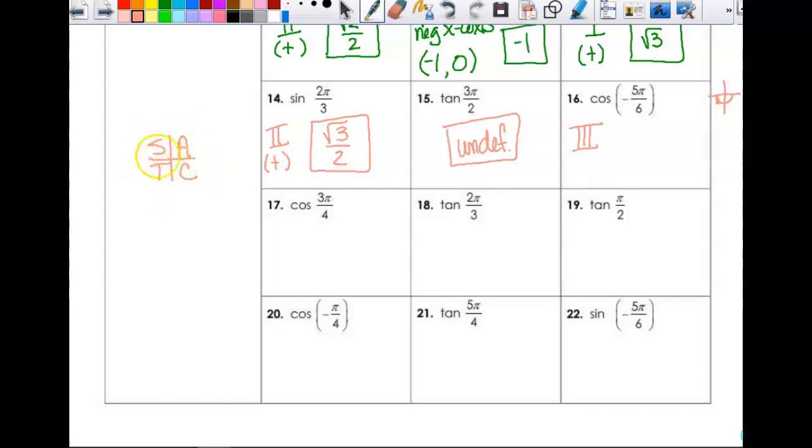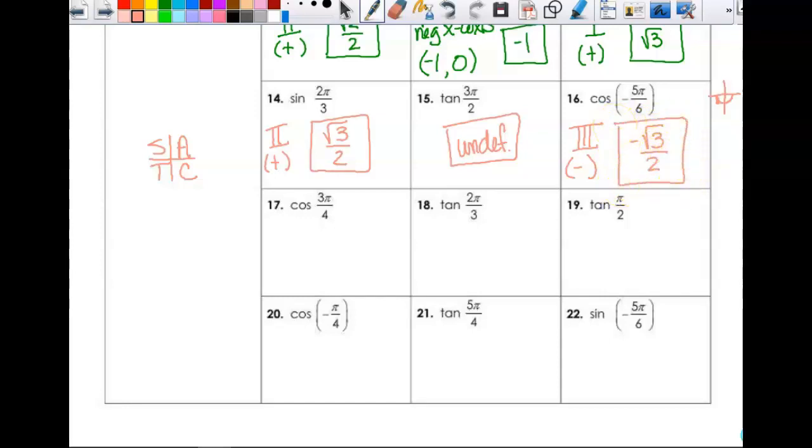In the third quadrant, tangent's positive. That means cosine is negative. Okay. So then, what would my final answer be? You got it. Good job. Negative square root of 3 over 2.